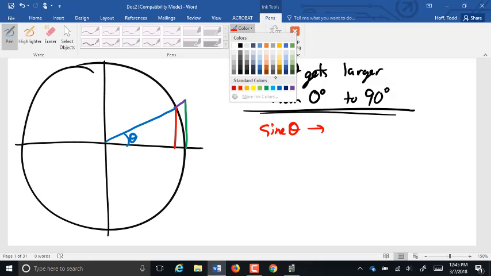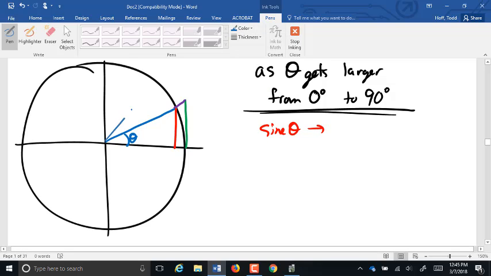Well, let's take a look at it. Let's go from where we're at here to here. What would happen to the sine? Goes from here to here. Does that get larger or smaller? It gets larger.